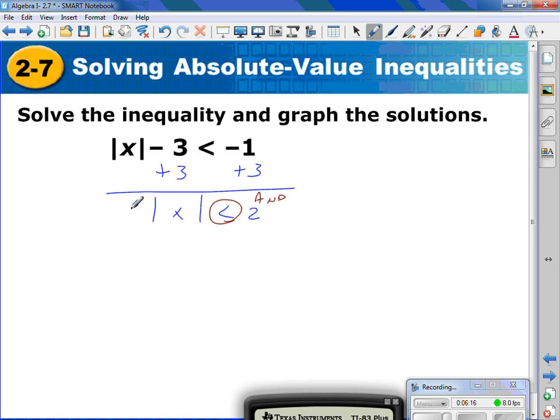And since it's an and statement, I can just tack on the negative on the back end. -2 less than x is less than 2. There's nothing to solve in this problem. To graph it, -2, 2, open, open, connect.